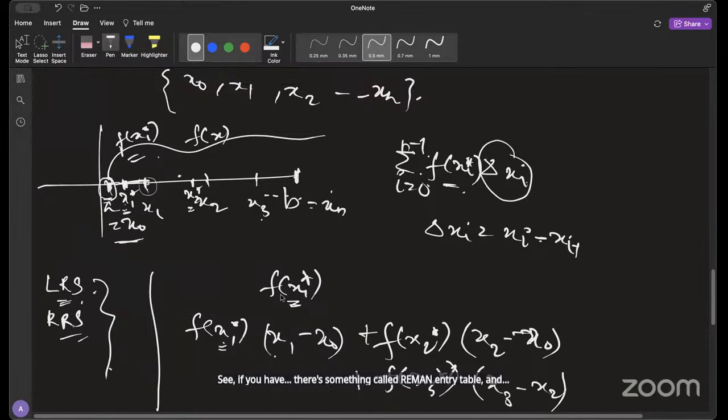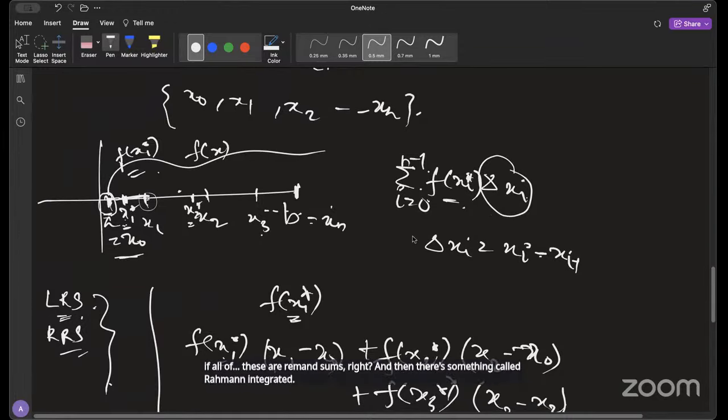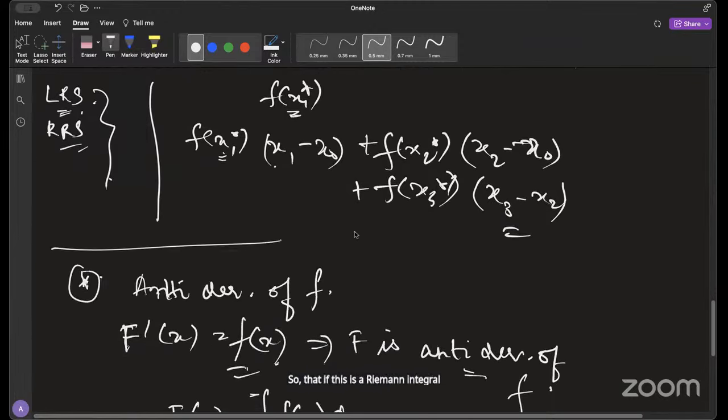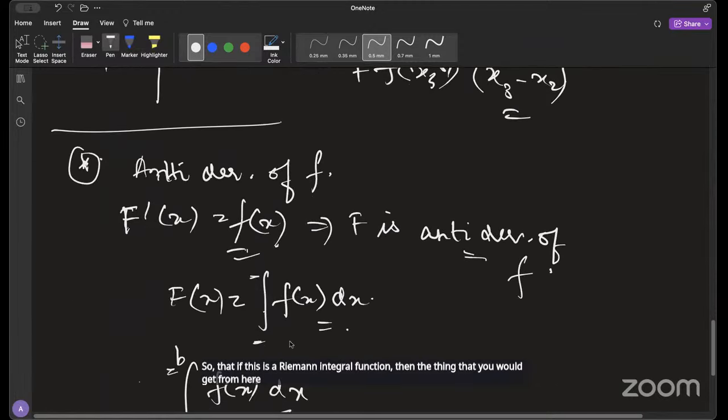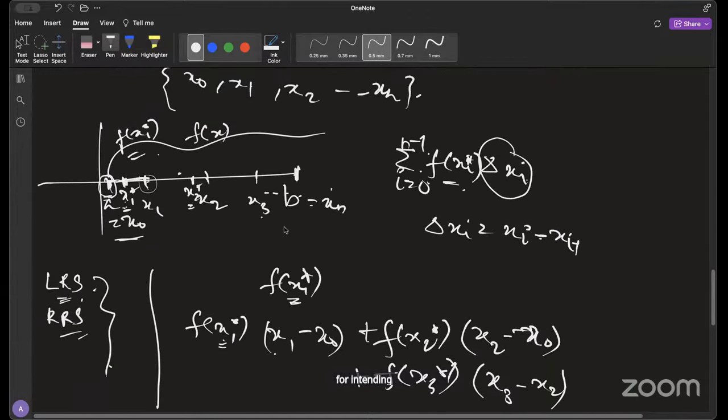All of these are Riemann sums, right? And then there's something called the Riemann integral. So if you calculate the limit n tending to infinity, and that turns out to be a specific number, then if this is a Riemann integrable function, the thing that you get from integration and the one that you calculated for n tending to infinity are going to be the same if it's a Riemann integrable function.